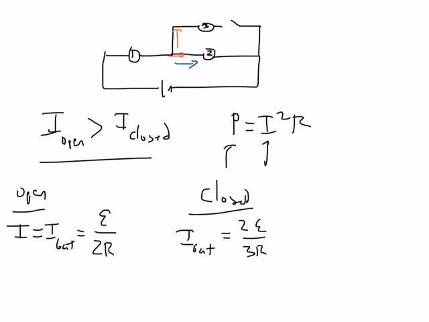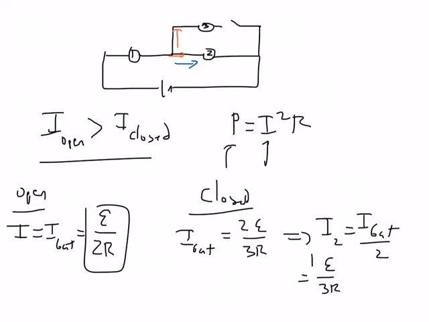Since they're identical resistors, the current has to split evenly. So we conclude that I2 equals I battery over 2, so epsilon over 3R. Right, and so this and this we can compare, and we see that the current does indeed go down, so that supports our statement.